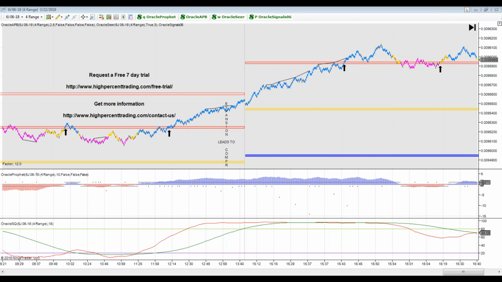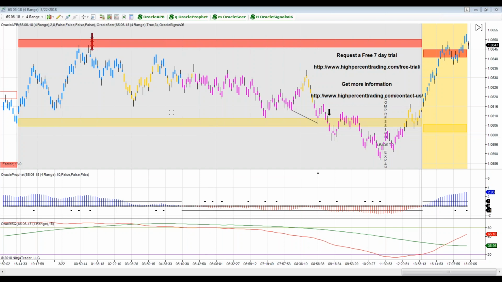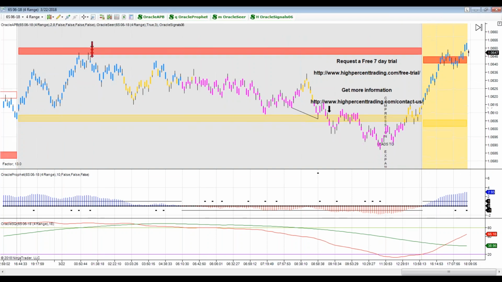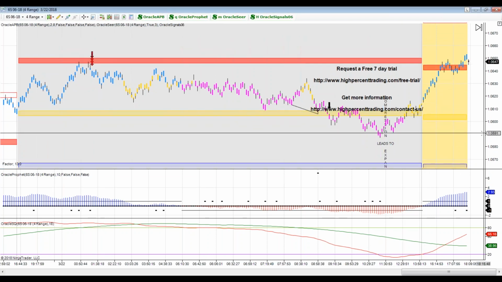Last but not least, this is the Swiss franc from today. Today's trend on the Swiss was down. We came up and had a very nice trade entry up here off the band. This was our projected high for the day. Our projected low was down here, a little bit lower, but we did not get down to that today.